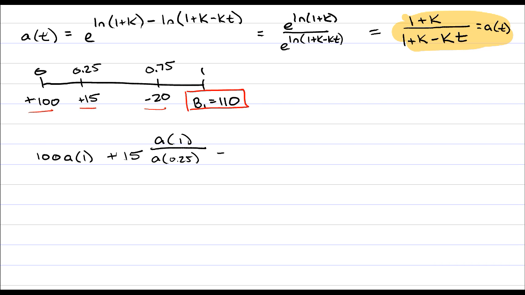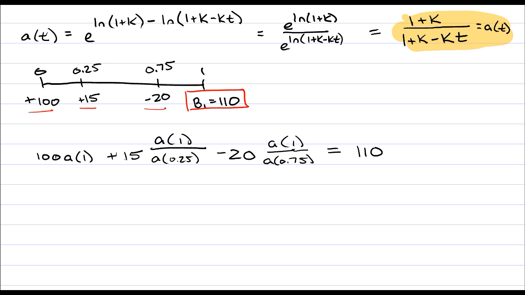And then I have a withdrawal, so I put a negative sign here, accumulated from time 0.75 to time 1. Taking all of these transactions into account, my final balance should be 110.